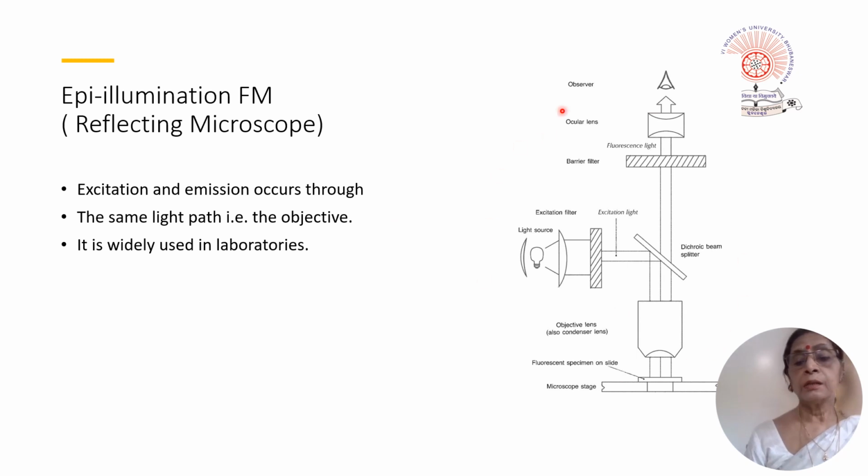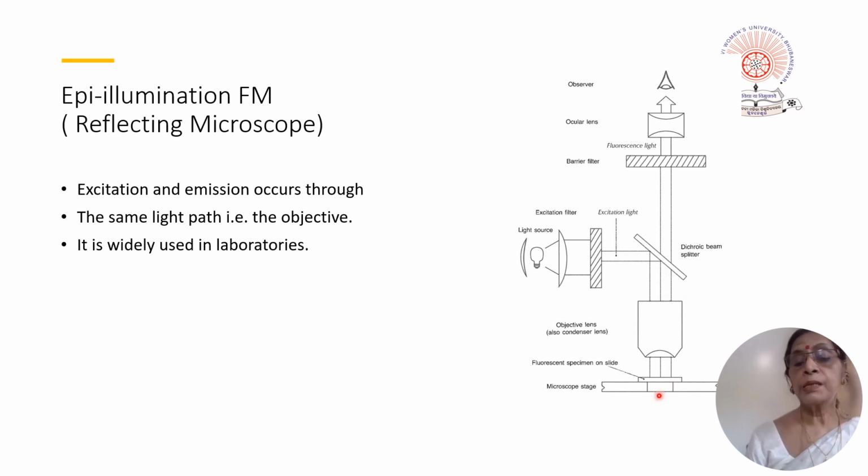This is the diagram of an epi-illumination reflecting microscope. In the reflecting microscope, principle of reflection is used. So the sample surface fluoresces the light, and the fluorescence emitted from the surface of the sample creates the image.